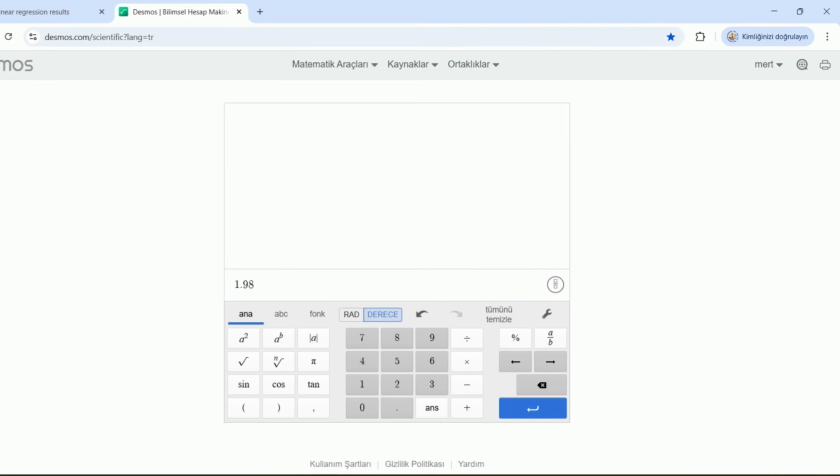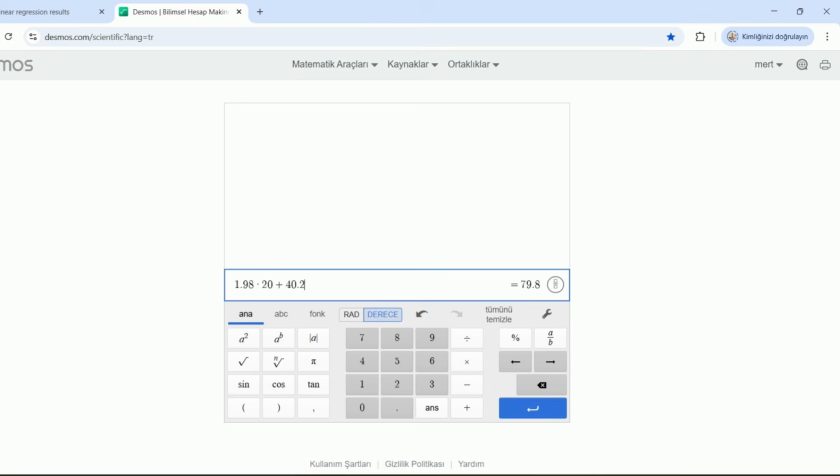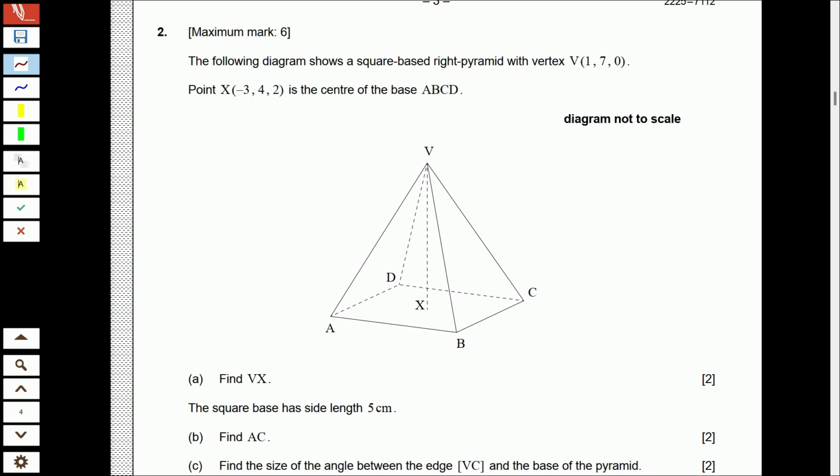Let me check again. Here is gonna be 2. So 79.8.